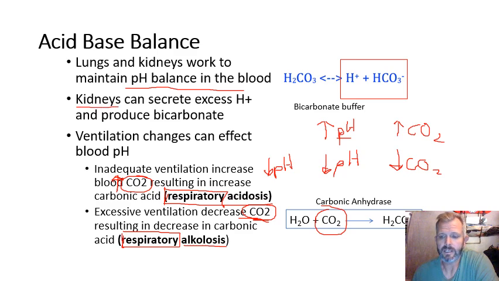We're going to see these later on urinary, but what do you think the kidneys would do if they could secrete excess protons or produce more bicarbonate? All right, for acidosis, what might we want to do? We want to secrete more protons and produce more bicarbonate. Whereas in alkalosis, we could actually rid ourselves of bicarbonate, and that would help offset the alkalosis.